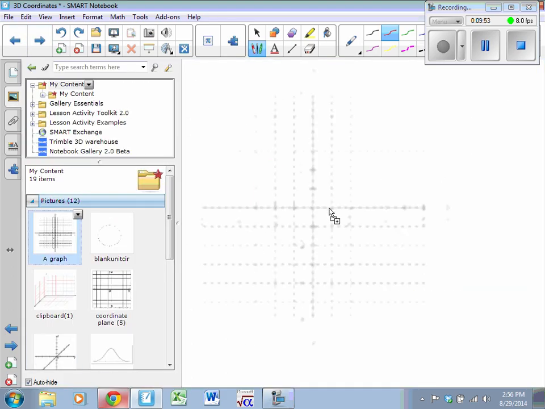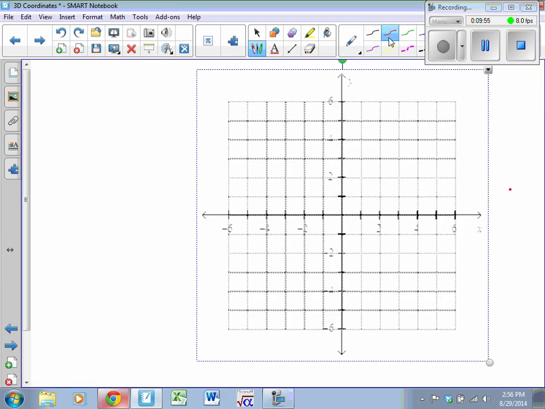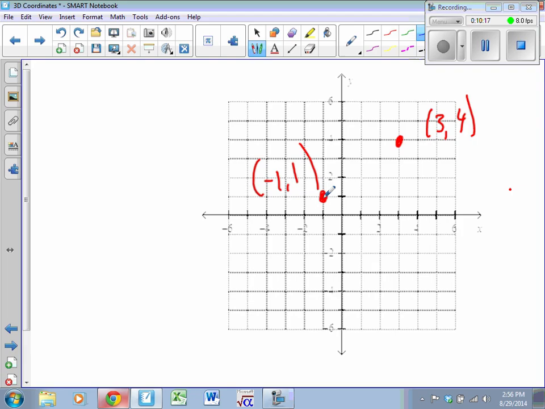If we had an example, and I said, what's the distance from this point to this point? We could use the distance formula. This is the point negative 1, 1, and this is the point 3, 4. However, an easier way is to draw a triangle. We know this side of the triangle is 4 and this side is 3. So what's our distance?